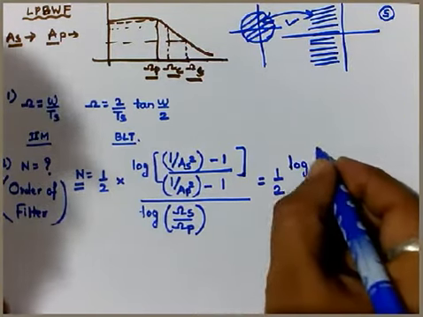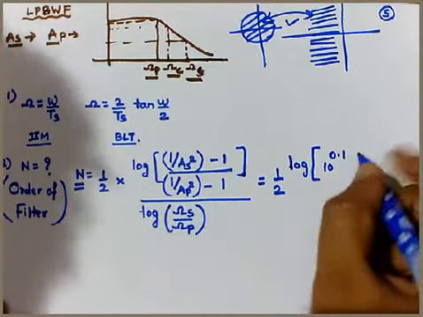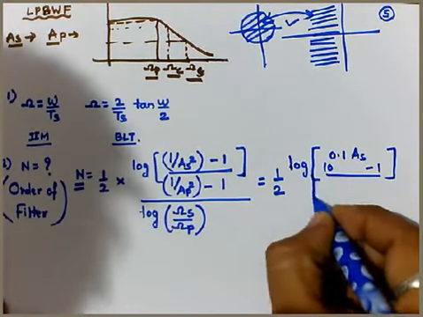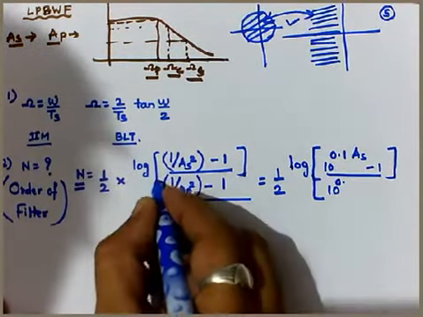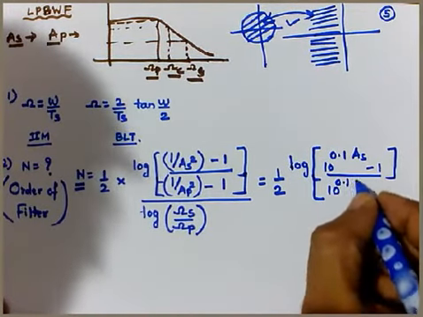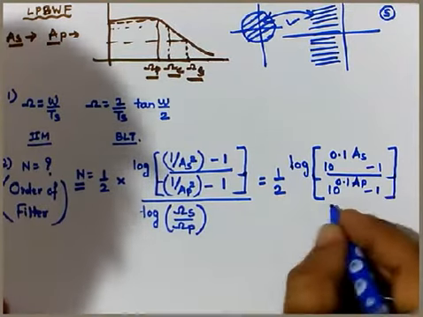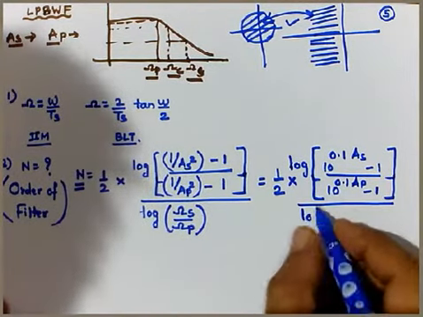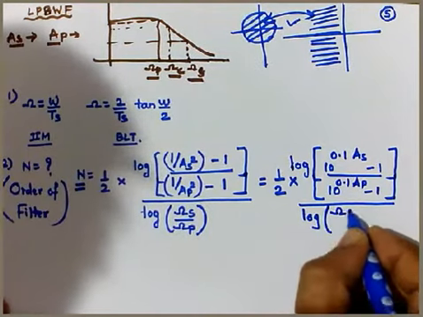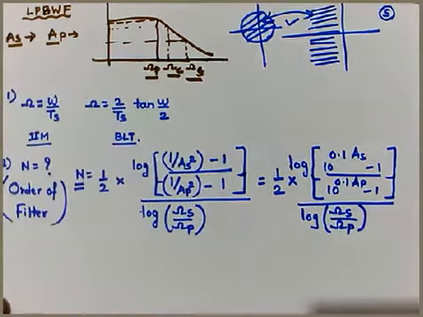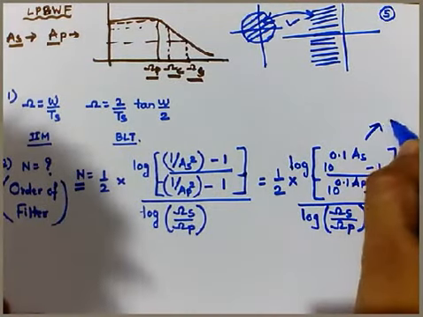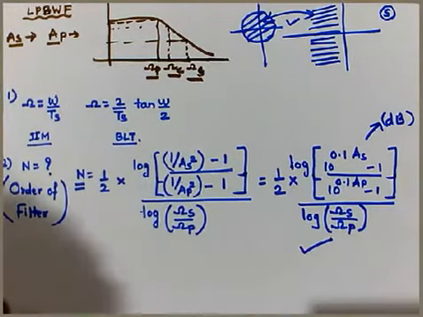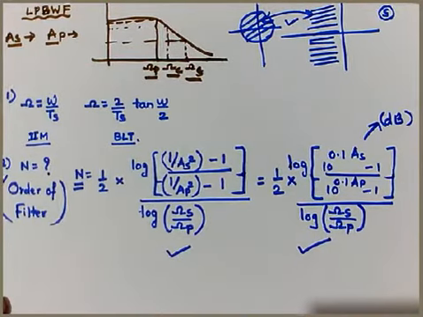Then this will be numerator, that is log of 10 raised to 0.1 AS minus 1 divided by 10 raised to 0.1 AP minus 1, divided by, so this is 1 by 2, and this is nothing but again log Omega S by Omega P. This is how the values, if these values are given in dB, AS as well as AP, then we can use this second formula. If it is not in dB, then use this first for calculating the order of the filter.